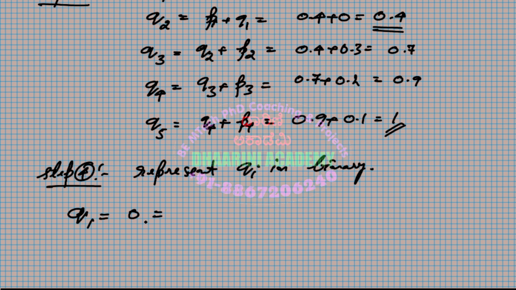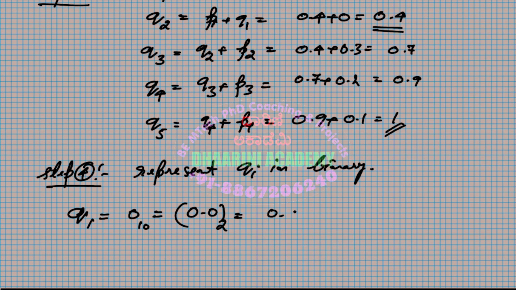In binary, this 0 to the base 10 I'll write, because what we have calculated is in binary, is also equal to 0.0. Any number of zeros you can put, to the base 2, correct? But the length we expect is 2, and that length 2 should be after the decimal point.